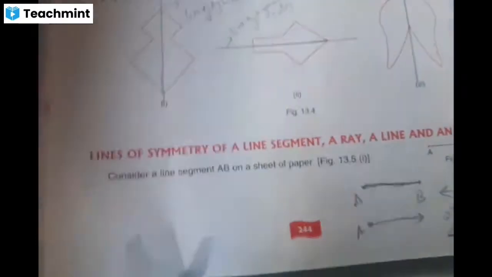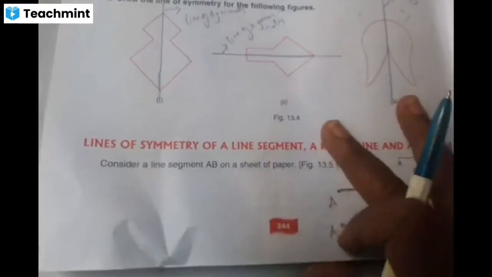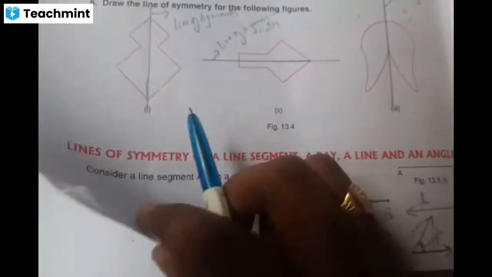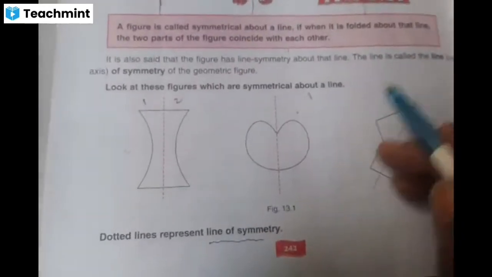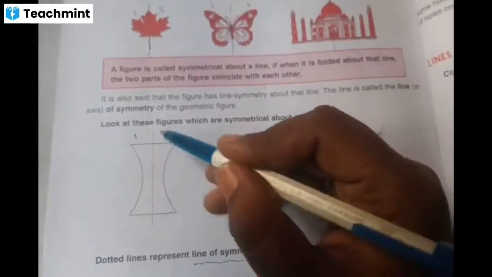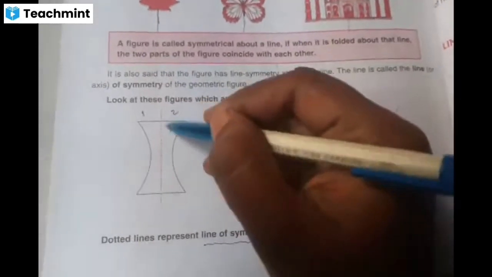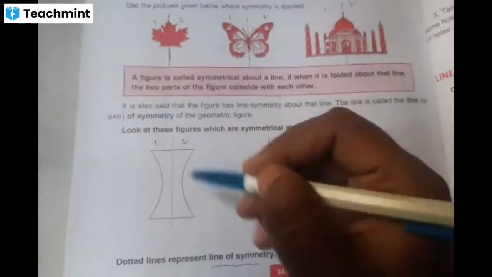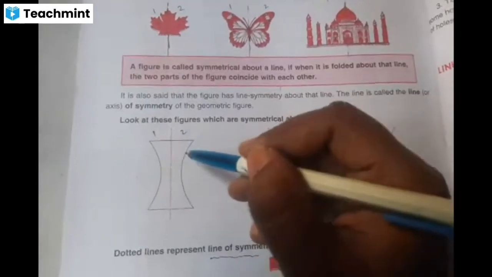Children, in the last session, I had told you about what is line of symmetry. When do we get a line of symmetry? If this figure is considered, we get a line of symmetry when it is folded about the line and the two parts of the figure coincide with each other.